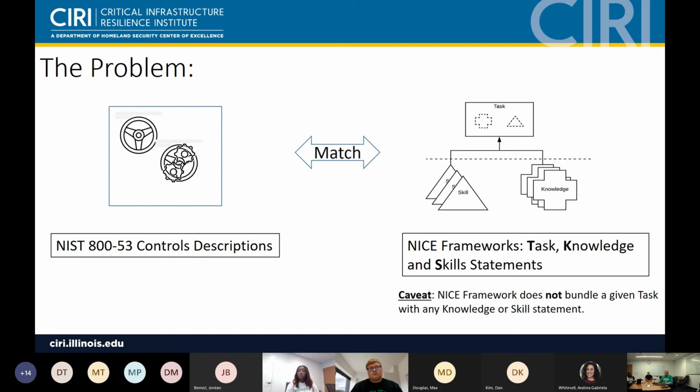There is a standard from NIST called 853, and they describe a number of controls in a number of different disciplines. So on one hand, we have those controls. On the other hand, the NICE framework describes the cybersecurity work as task, knowledge, and skill statements. There used to be ability statements also, but in the recent revision, the ability statements are not included.